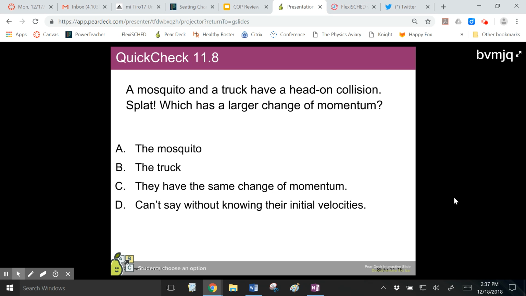A mosquito and a truck have a head-on collision. Which has a larger change in momentum?